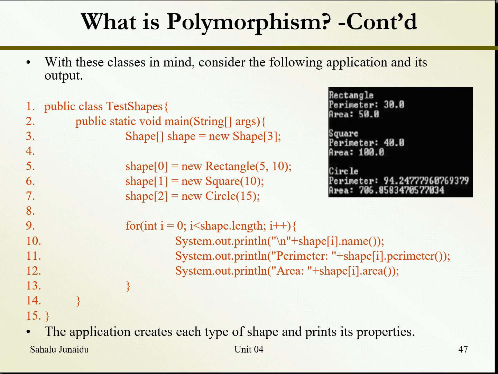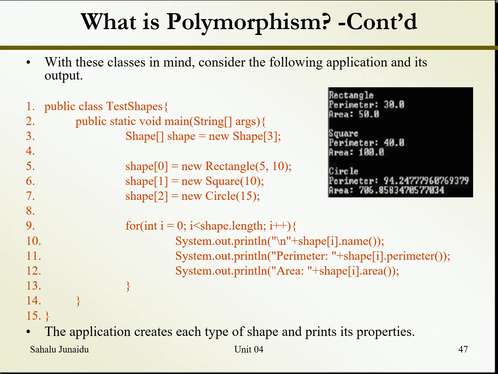Also, this will retrieve the area of the square. Similarly for circle, which is at index 2. And when i is incremented by 1 it becomes 3, this becomes false because 3 cannot be less than 3.